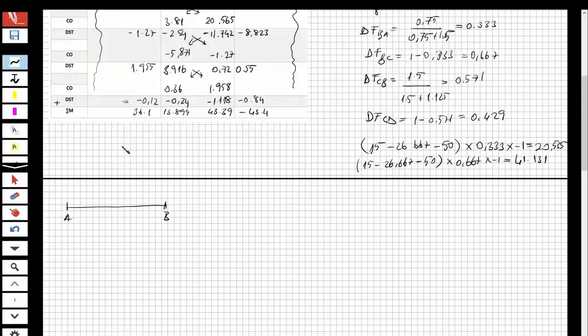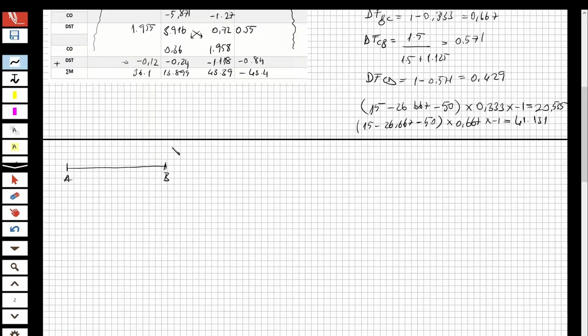We have a 0 moment at A, but we have 36.1 moment here, and we have 10 kilonewton as a force.